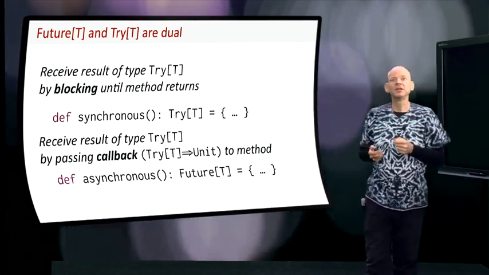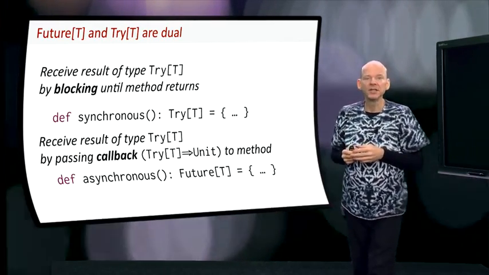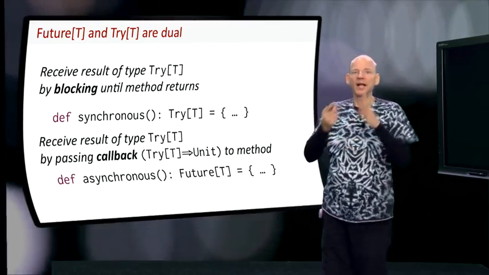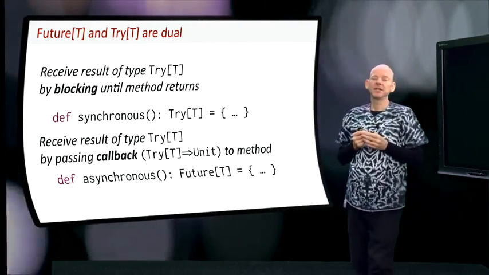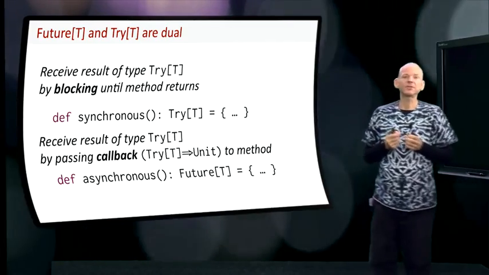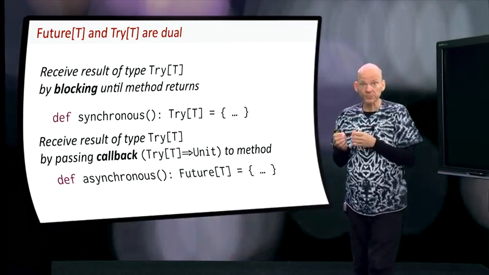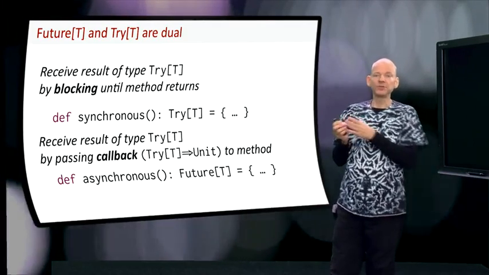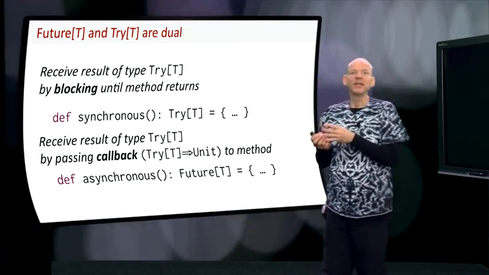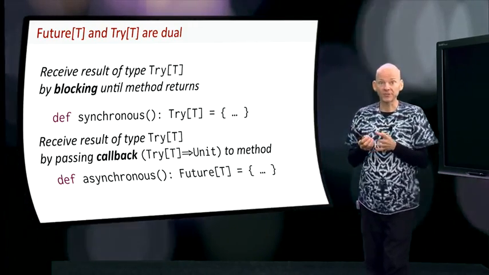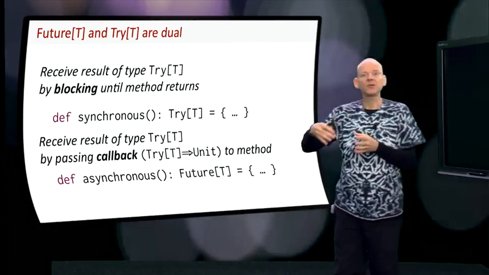And this trick of flipping the arrows is called duality. And here you see the duality in a slightly more intuitive form. If you look at a function of type future of t, what is that? It's a function that receives a result of type try of t via a callback.